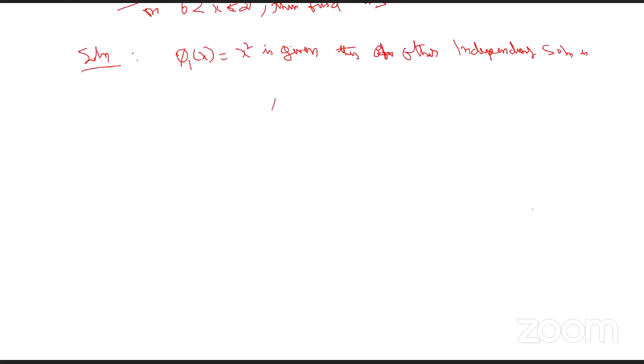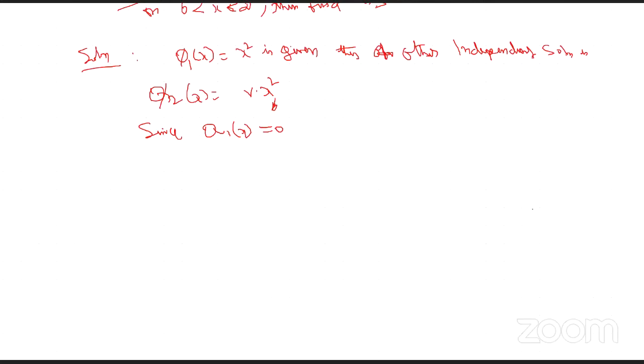Phi 2 of x equal to v into x square, since a1 of x equal to 0 here.